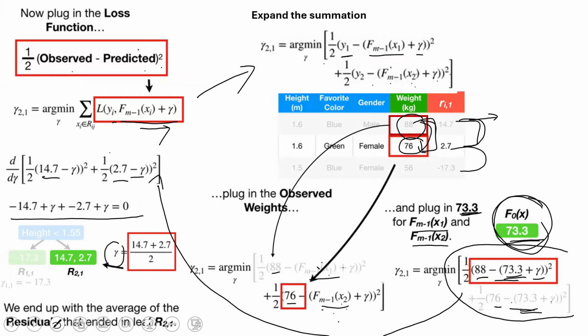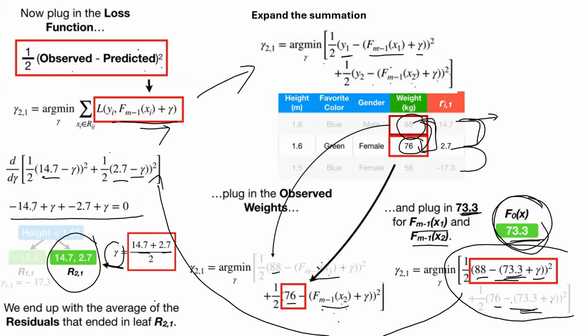Now if you calculate gamma, it is nothing but 14.7 plus 2.7 by 2, which is nothing but the average. That is why I told you to take the average. The average is what minimizes the residual under the loss function. So when you calculate, the minimum value comes out to be just the average of those two numbers.